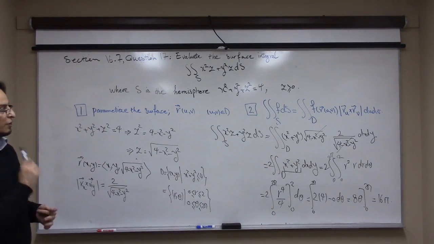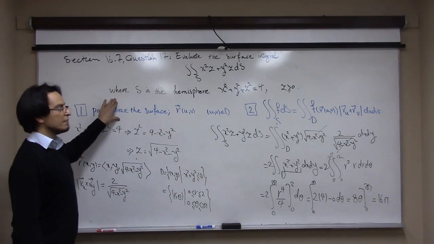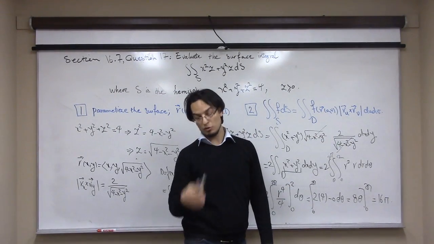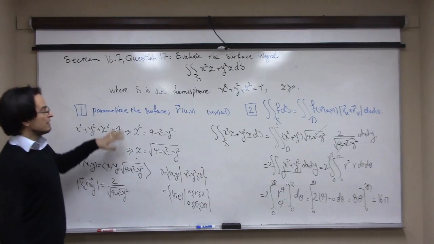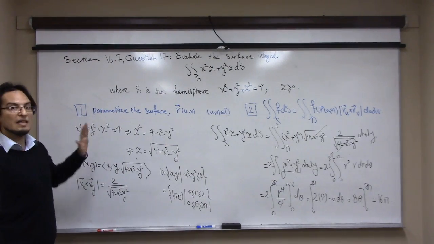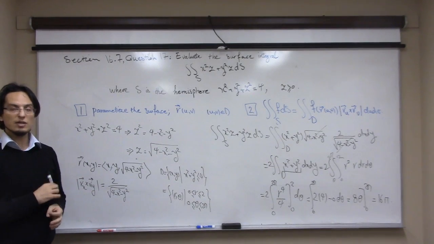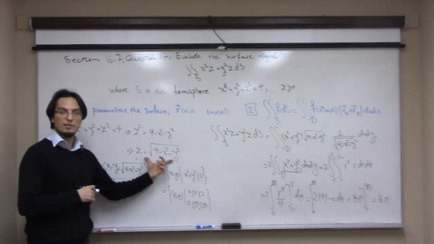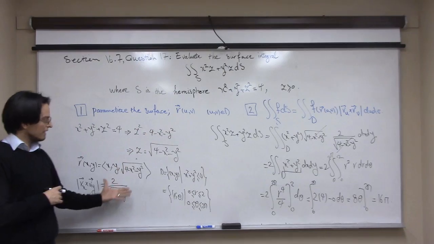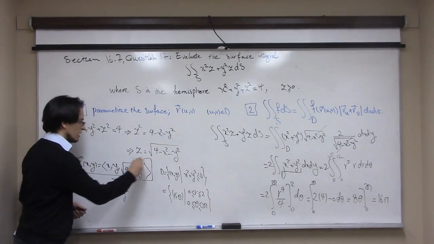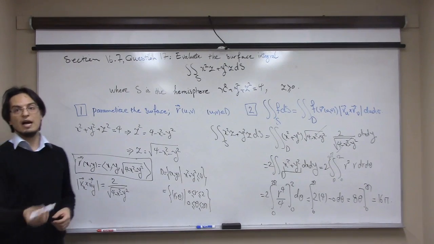Okay. Very quick wrap up. I need to first parameterize, then use this 3-step change and change it to a double integral or iterated integral. This time I use the fact that the upper hemisphere is the graph of a function. What is that function? That function I found using that equation. And then I have this parameterization, which you can always write for the graph of a function.